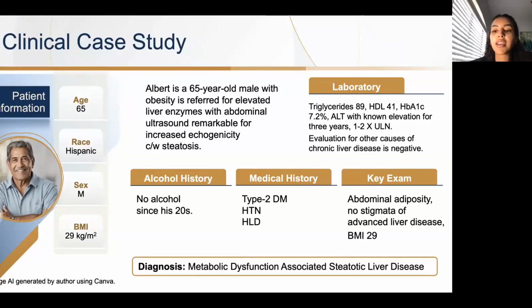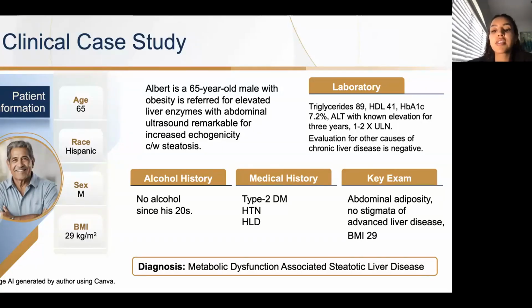His BMI is 29, and then you can see his lipid panel here. His hemoglobin A1C is elevated at 7.2, and then that ALT has been elevated for at least 3 years, 1 to 2 times upper limit of normal. And we've already done kind of the basic workup for this patient. So we've done our chronic liver disease workup, and that workup was unremarkable.